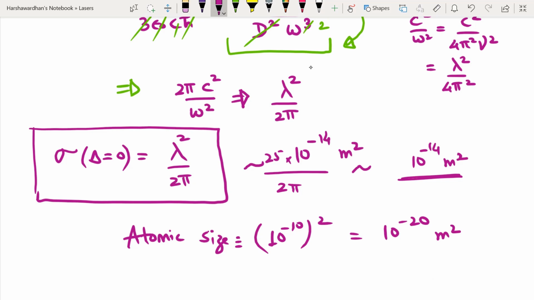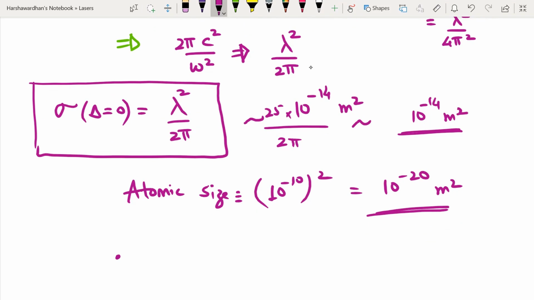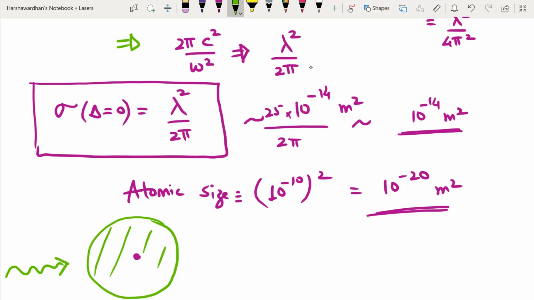If you look at the ratio of this, you see that a light on resonance... So think of this atom, and then what is happening is that when my light beam is coming to an atom, where this light beam is on resonance with this, the atomic size appears to be a million times larger than the actual size of the atom, right?